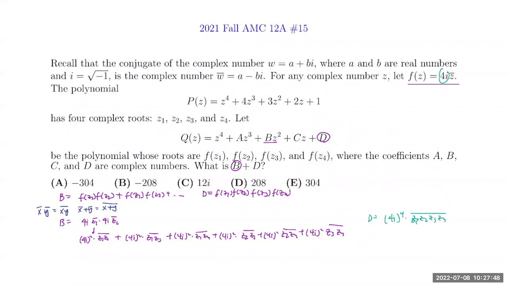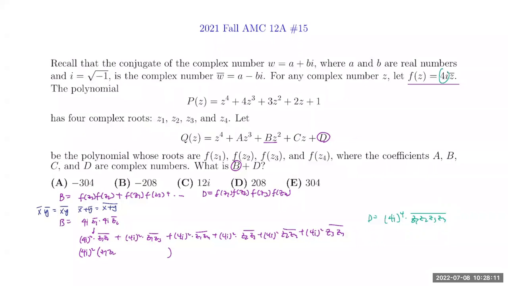Now let's look at what these are, respectively. Well, we can first rewrite our b as 4i squared times the sum of all these pairs, and then taking the conjugate of it.